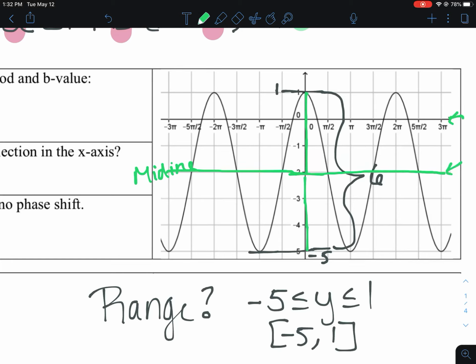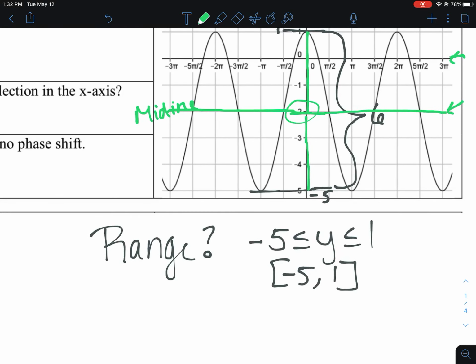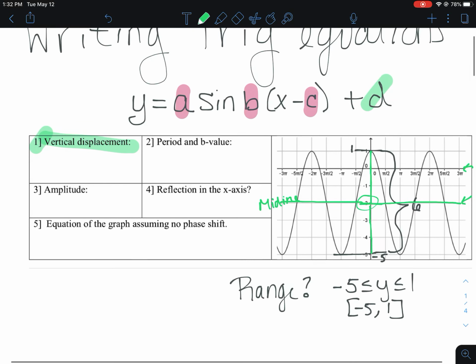Well, what that tells us is that the center of my graph is not at 0. It's not on the x-axis. It's been shifted down to -2. So the midline, or the vertical displacement, should always be the average of the 2 values that you have, right? So find the middle. So our vertical displacement is down 2 spaces.